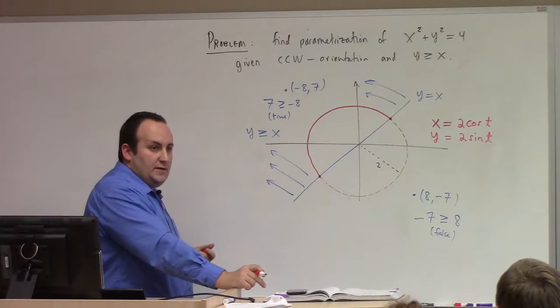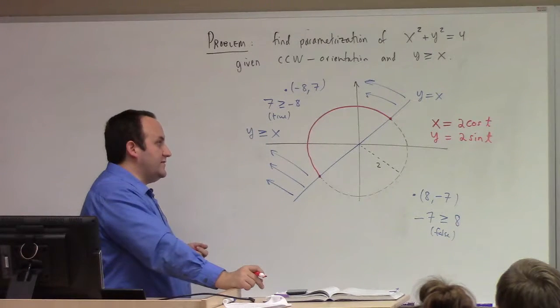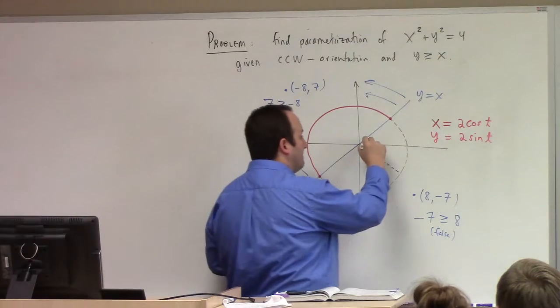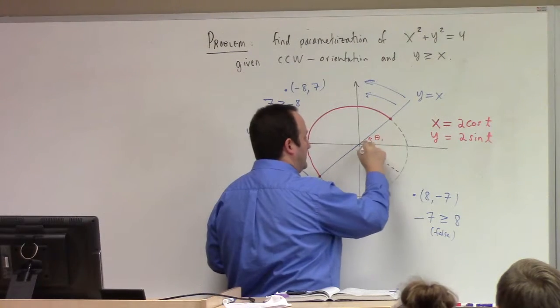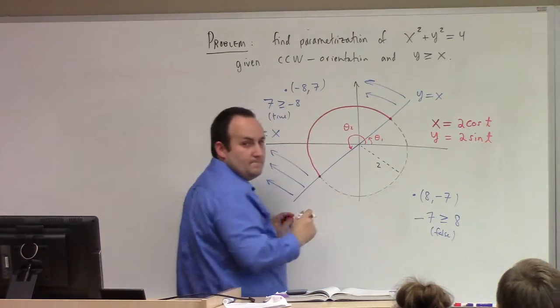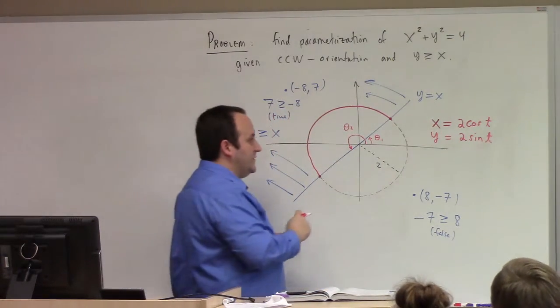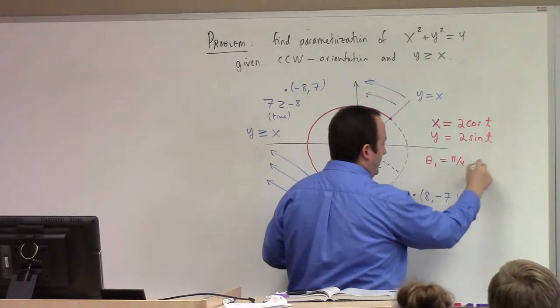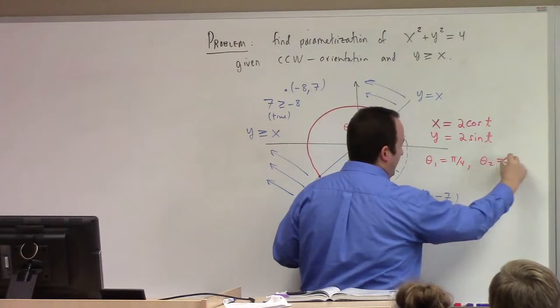So geometrically, all you got to do is figure out what's the standard angle here, say theta 1, and what's the standard angle over here, theta 2, right? I think it's geometrically clear that theta 1 is pi over 4, and theta 2 is 5 pi over 4.